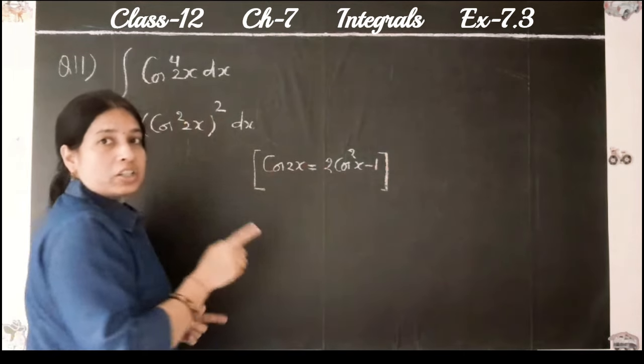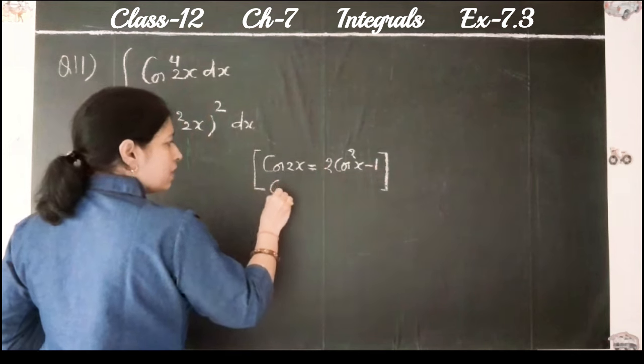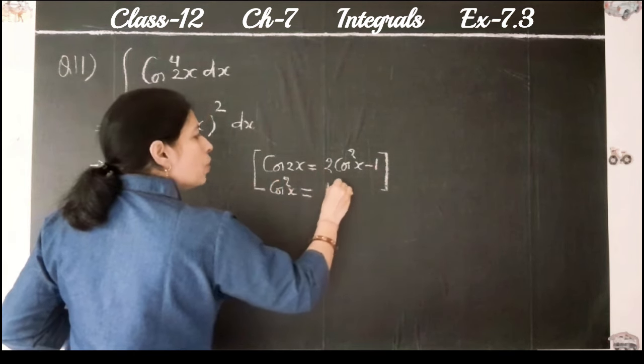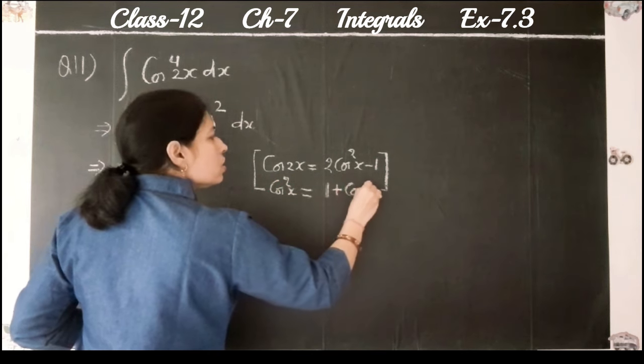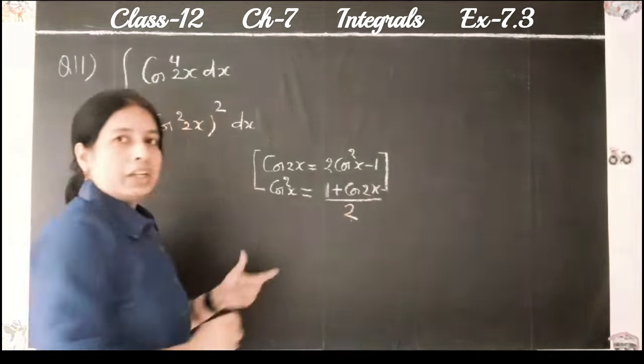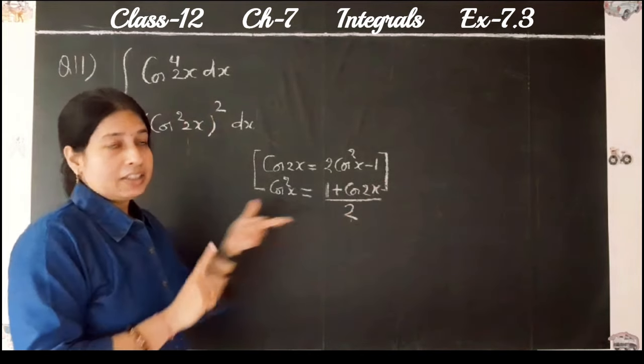So what will cos square x be? Cos square x will be (1 plus cos 2x) divided by 2. Here we have to use this identity.